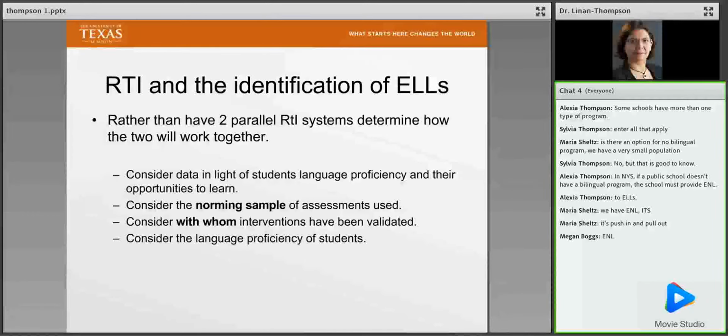And then consider the language proficiency of students. It comes up all the time, and I know it seems rather trite after a while, but it really makes such a difference if we don't consider it.